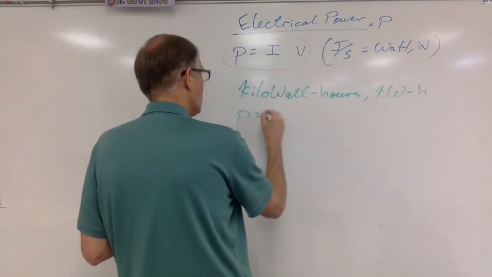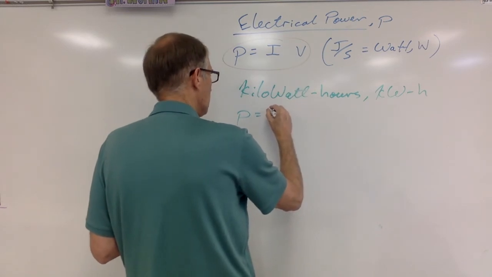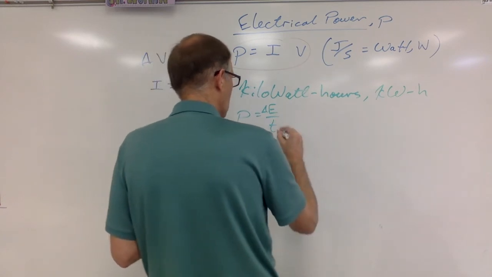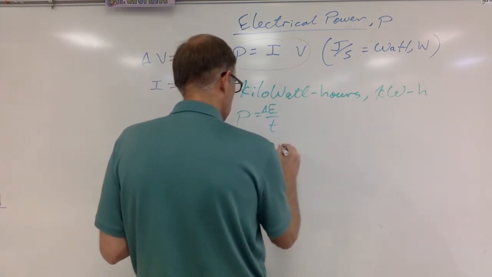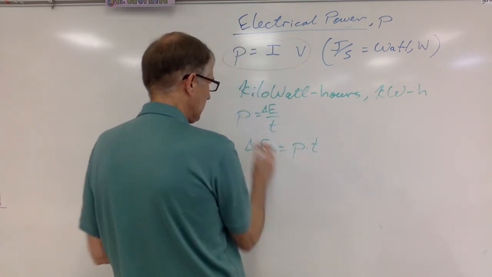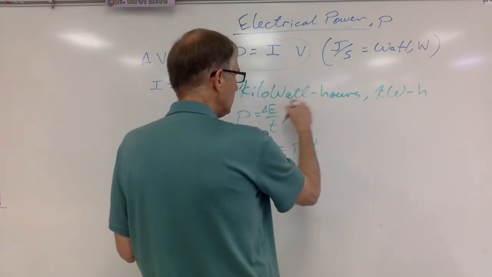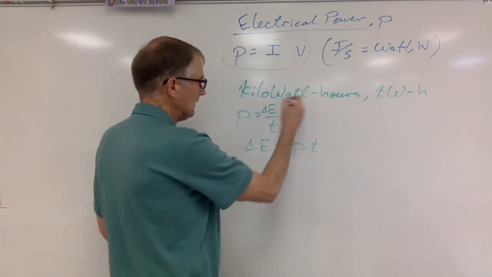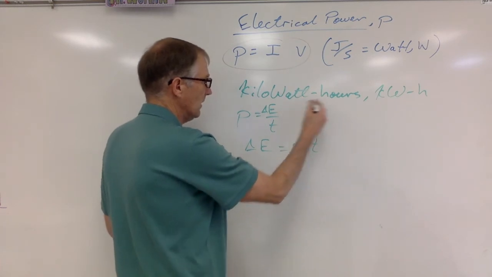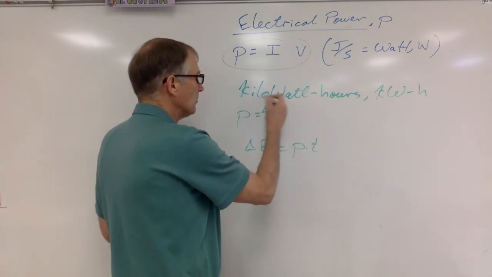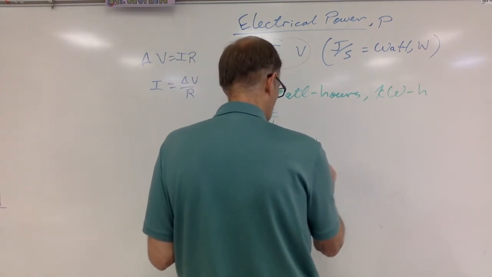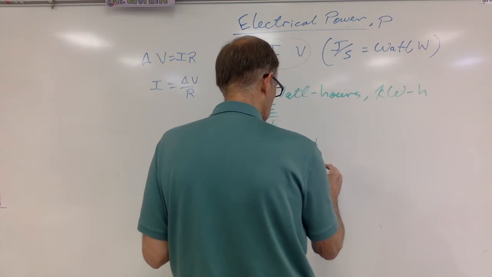Remember that power is I times V. It's also energy over time. So energy is equal to power times time; I just multiplied time to the other side. And so this is an energy unit. Power in kilowatts, thousands of watts, that's 1,000 joules per second, times time in seconds.